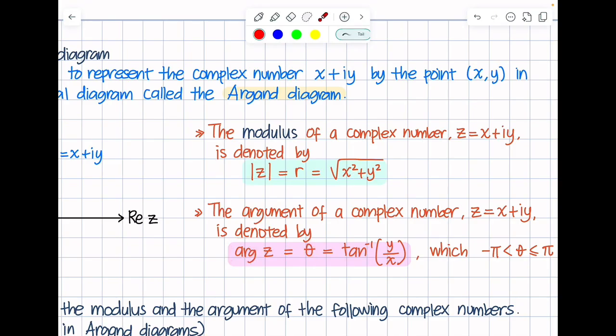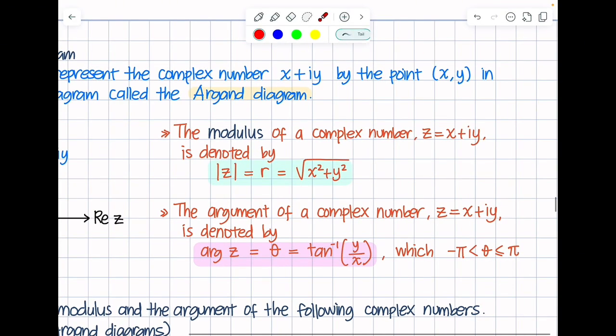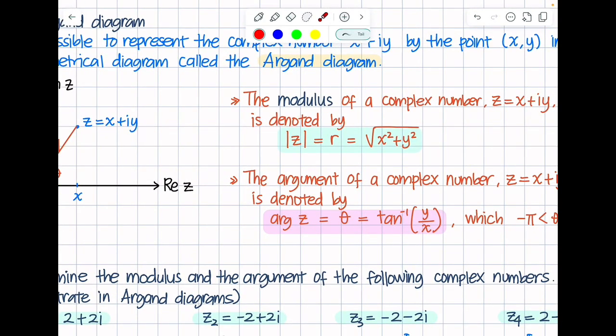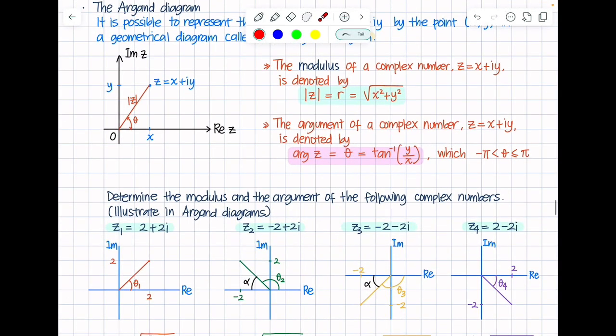To find theta, use tan inverse of y over x, where the value of theta lies between negative pi and pi. It's a bit tricky for the argument. Let me explain the argument with these examples.